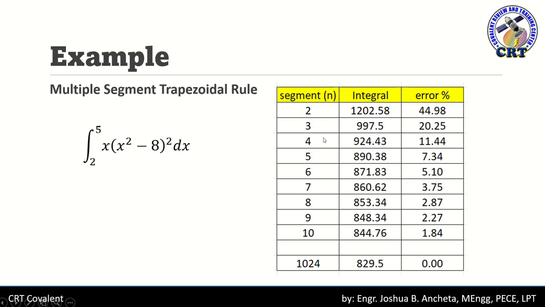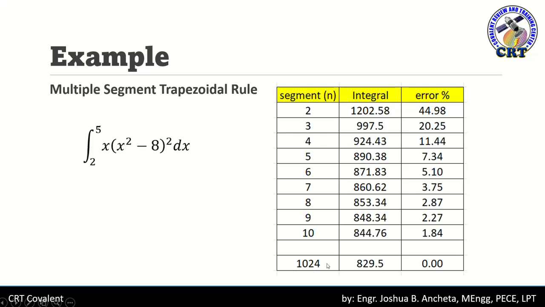So as you continue, for 5, 6, 7, 8, 9, 10 segments, for 10 segments, your answer will be 844.76, and that is 1.84% error. So to achieve 0%, you need to solve up to 1,024 segments.